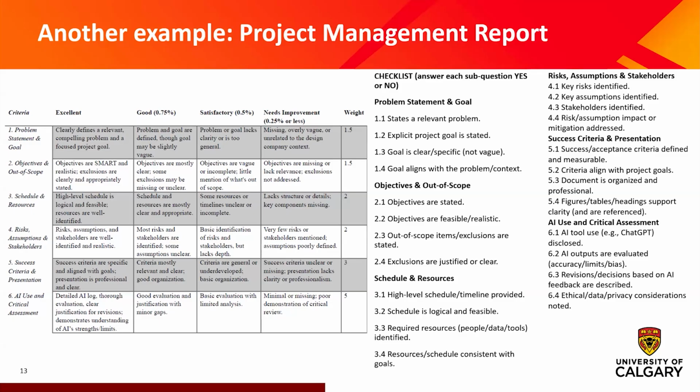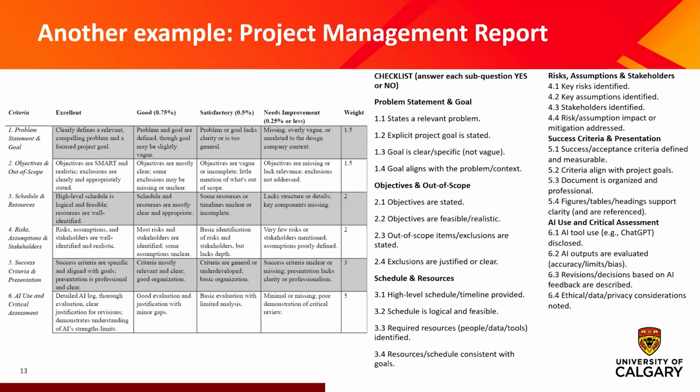But for each criterion, we defined a set of questions that the large language model should answer as yes or no. For instance, the problem statement and goal states a relevant problem, explicit project goal is stated, goal is clear, specific, not vague, goal aligns with the problem context. For every item in the rubric, ChatGPT should answer yes or no. And based on these yes or no answers, it provides the feedback to the student.